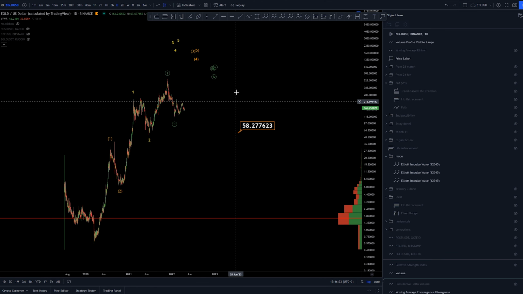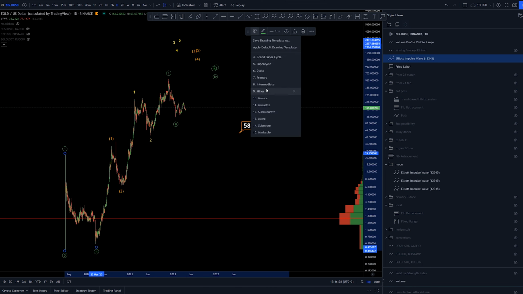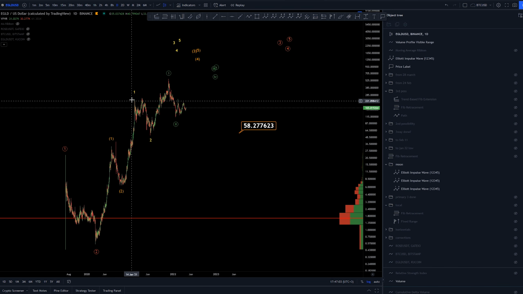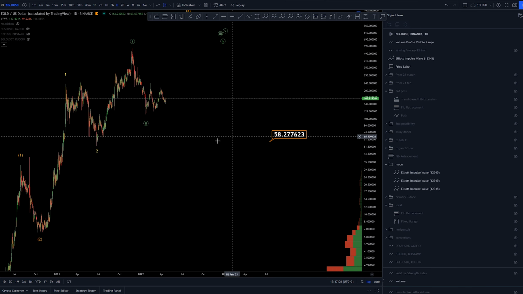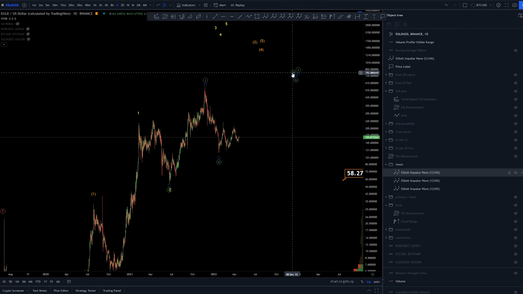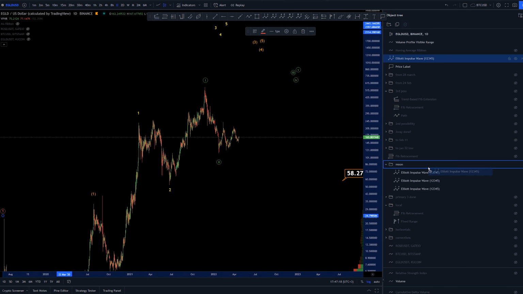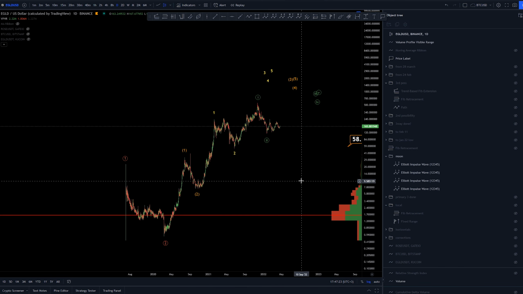Again, another one would be saying that this is a primary one here, creating one of intermediate, one of minor, one of minute, and this could be continued as we haven't come below here, and this could be again 1, 2, so if you really squint your eyes and don't want to believe the most likely scenarios. But yeah, just a flash of a Mumbai count. I really don't believe in this myself, but I guess it could be possible.